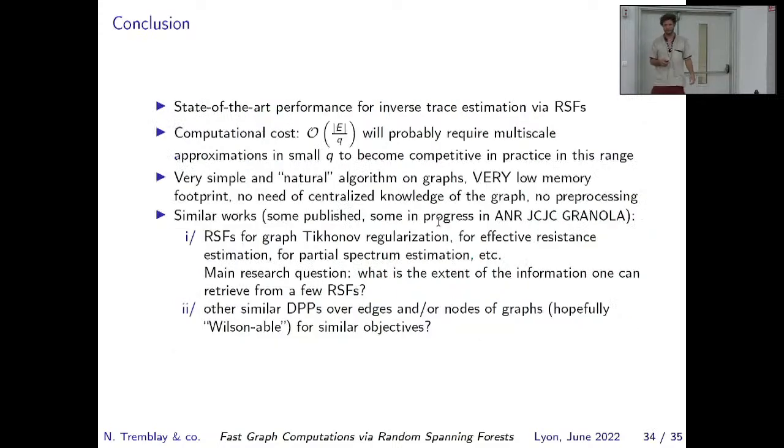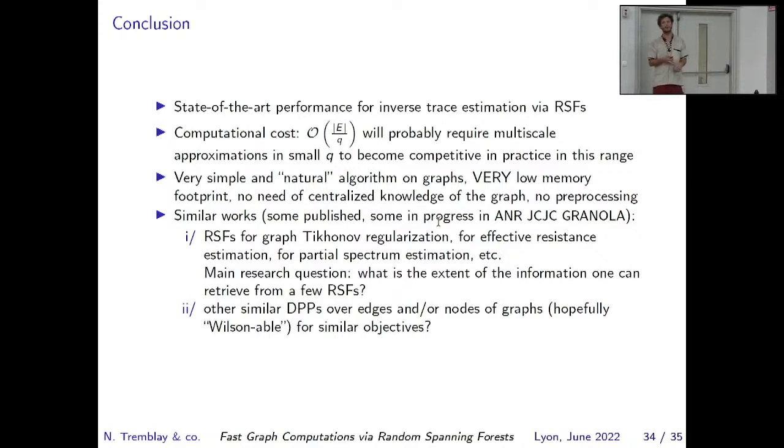As a conclusion, we have state-of-the-art performance for inverse trace estimation. This is not the major point that I want to transmit here. The computation cost is similar to the state of the art, with this problem of exploding in small q, which can probably be turned around, I mean, avoided by using multi-scale approaches, or I don't know exactly how.